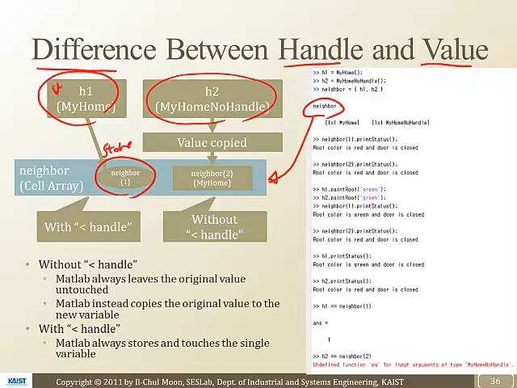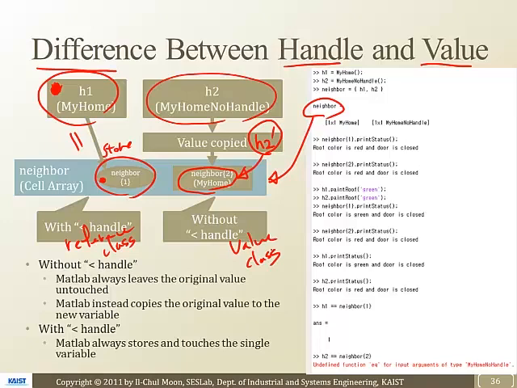So this class and this class are the same objects. But what happens in the H2 case is this. Even though we save this neighbor 2, the value is copied. So this is a new H2 prime, and this H2 prime is here, right? So this is the reference class, and this is called the value class.